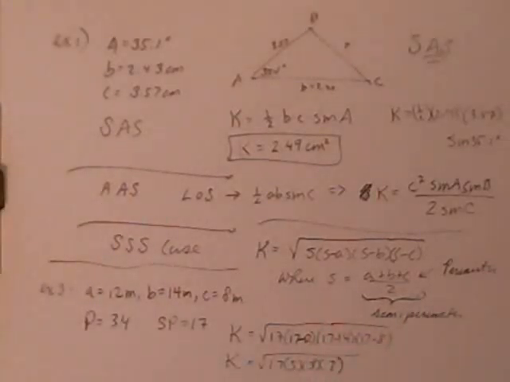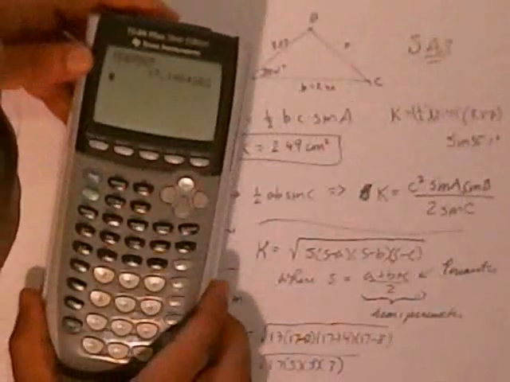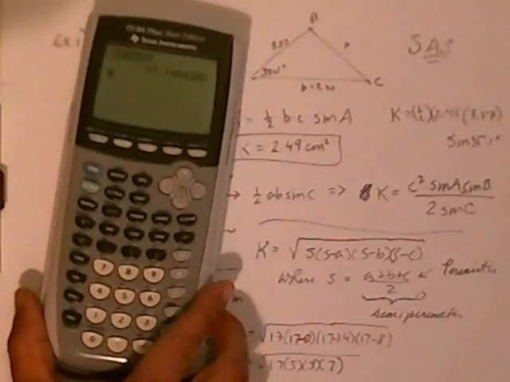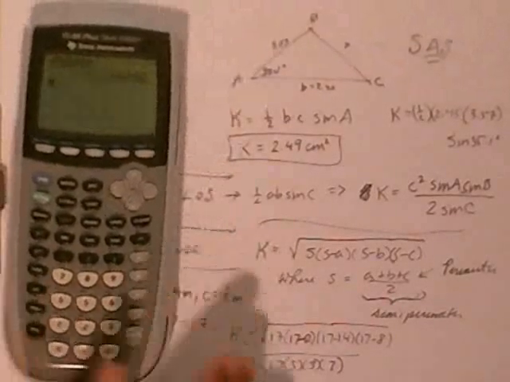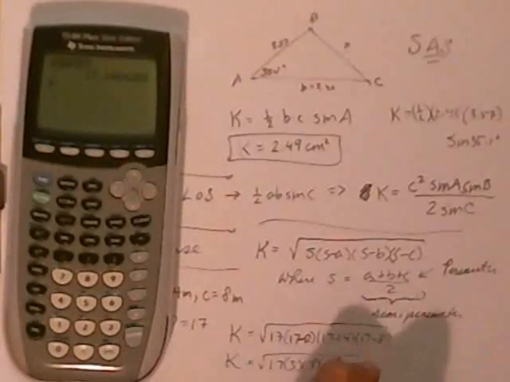Get the square root of 17 times 5 times 3 times 7. Let's look at this. Did I do the problem wrong? It's 8. 17 minus 8. Oh, that's 9. Oops.